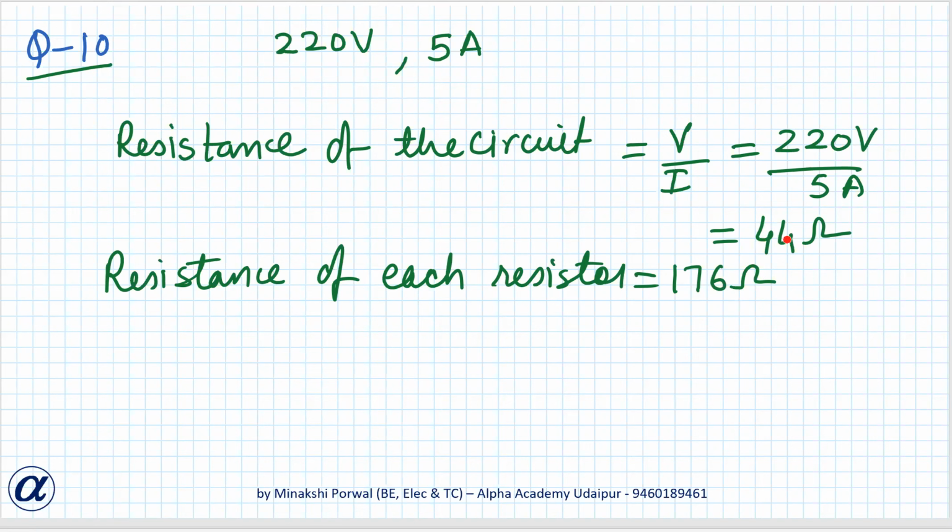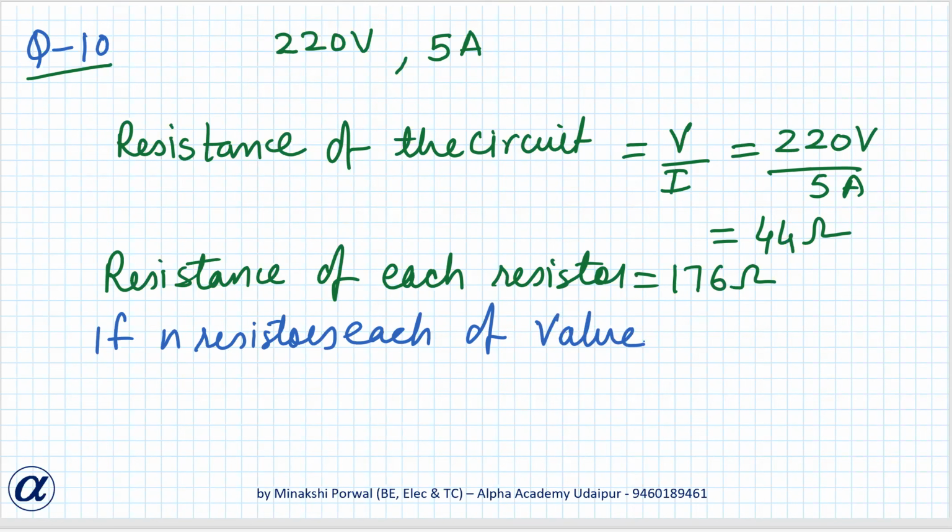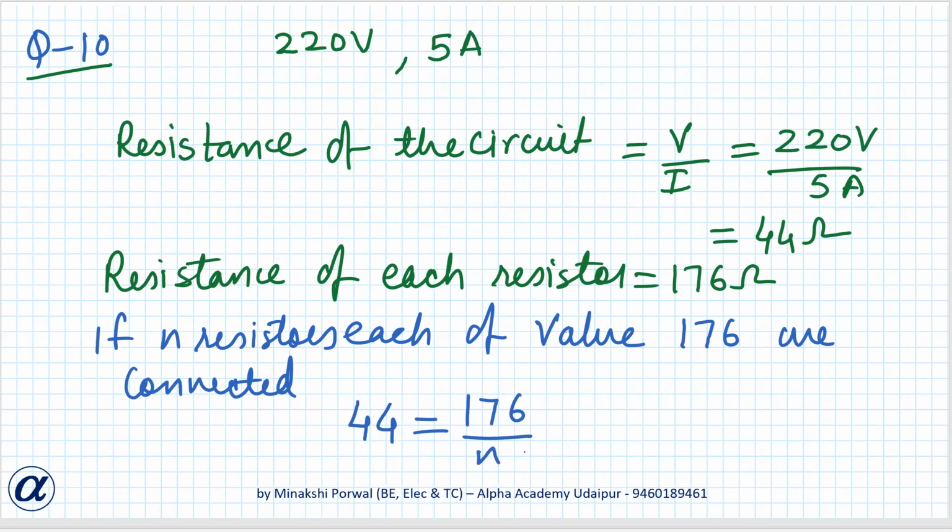Basically, we have to connect all of them in parallel. We have 176 ohm resistances and we want to make 44 ohm. If n resistors, each of value 176, are connected, then 44 ohms is equal to 176 upon n.